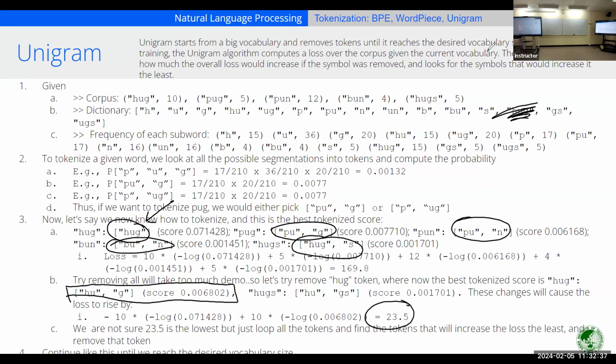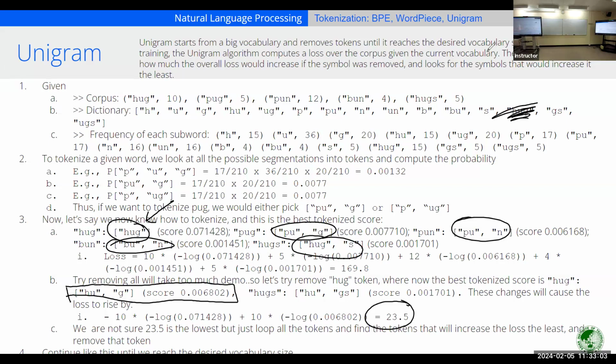So good news. Even though this guy looks very complicated, probably the most theoretical thing, very few people use it, simply because it's overly complex and you need to compute a lot of loss and try a lot of things. So it takes too much time, and I don't think any big name uses this anymore.